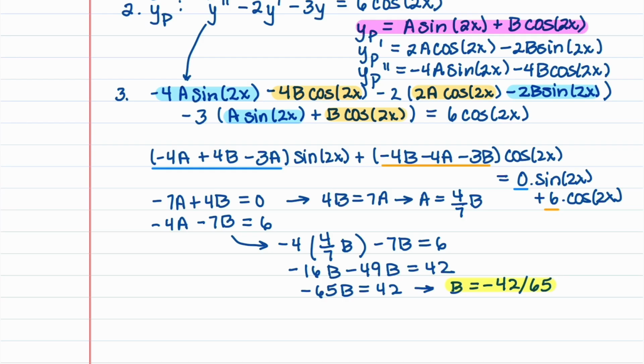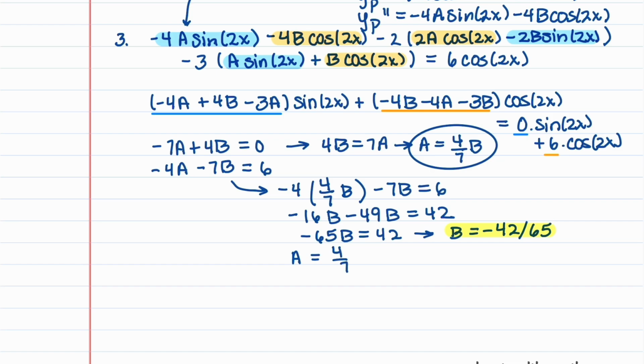Now we can find a. Looking right up here, we can say that a is equal to 4 over 7 times b, which is minus 42 over 65. We'll divide 7 into 42 and we get 6. So this is minus 24 over 65.